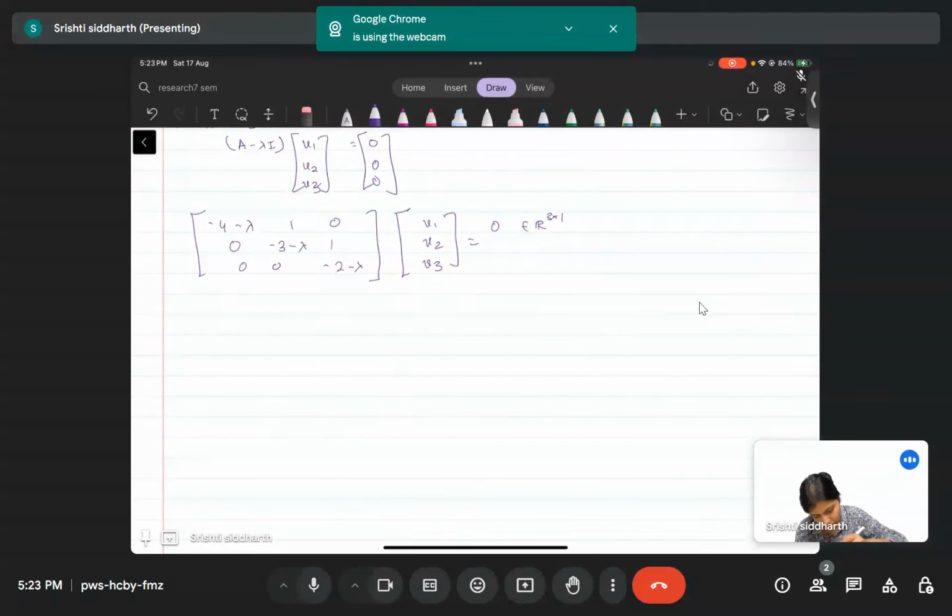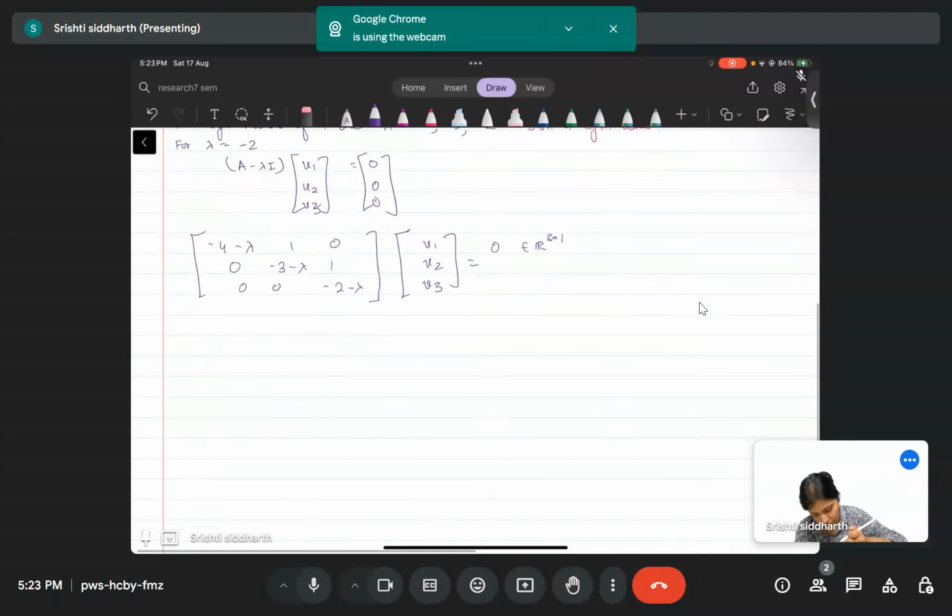So for lambda equals minus 2, this becomes minus 4 plus 2, and this becomes minus 3 plus 2.